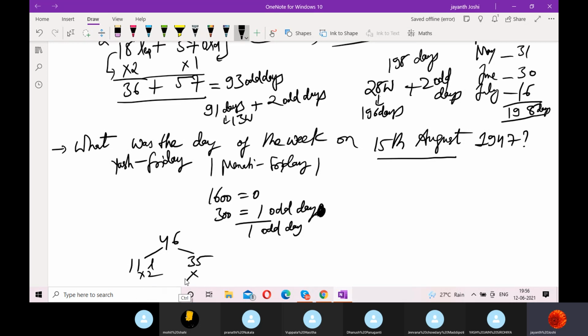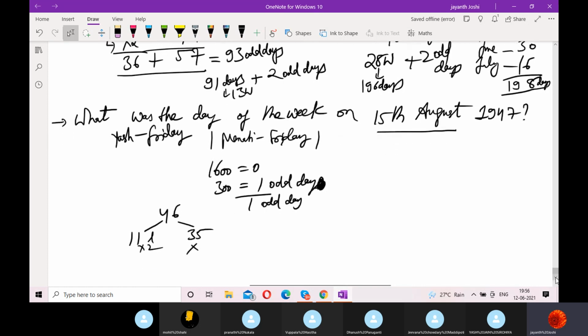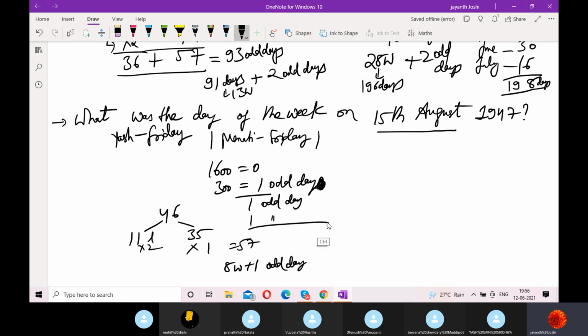So 11 into 2 plus 35 into 1, and here we'll get 57 odd days, and 8 weeks make 56 days. So 1 odd day. So 46 years, 1 odd day. So it has become 2 odd days till here.